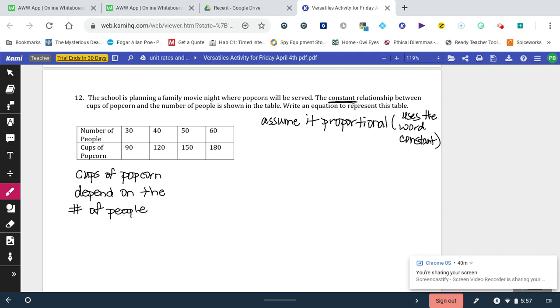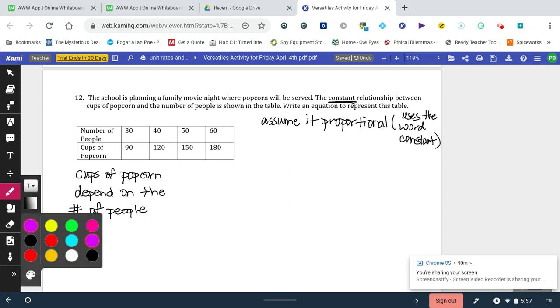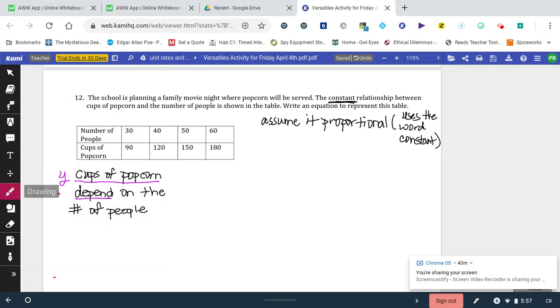The more people I have, the more cups of popcorn I need. The fewer people I have, the fewer cups of popcorn I need. So my cups of popcorn is dependent on something. So it's Y. Therefore, the number of people is my X. So number of people is my X and the cups of popcorn is Y. So I want to take Y and divide it by X.